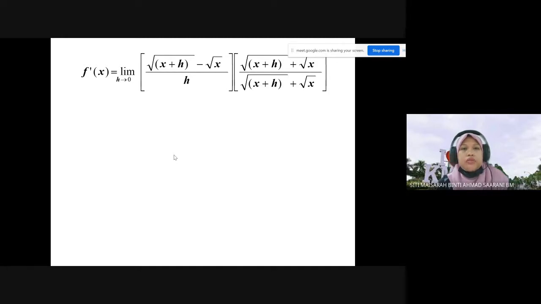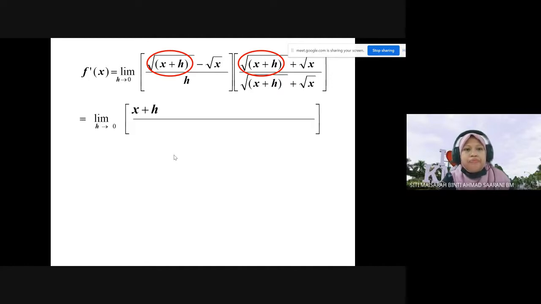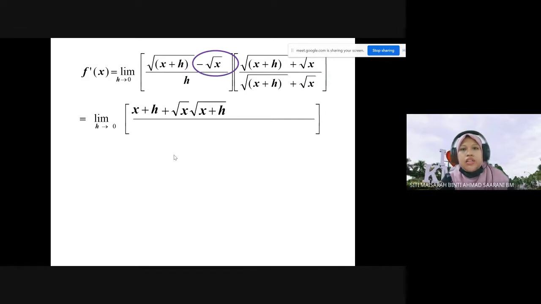So then it's become a squared minus b squared. So then yang atas ni √(x+h) squared, it's become x plus h. And then √(x+h) multiply √x is √(x+h)√x. So this is plus lah. And then minus √(x+h)√x. And finally, √x multiply √x, it's become x. So this is minus x.